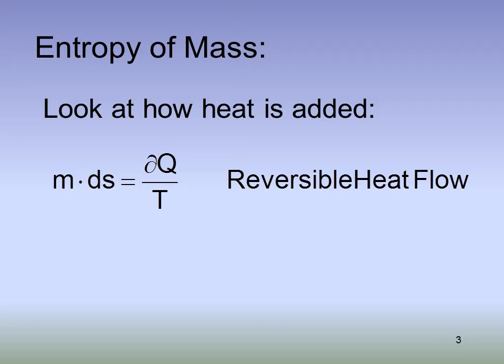And that's for a reversible heat flow, one occurring at constant temperature where there are no gradients in temperature. So if we solve this on a per mass basis, take a small q to be heat per mass, then ds, the specific entropy, would be dq over t, or little del q is equal to t ds.